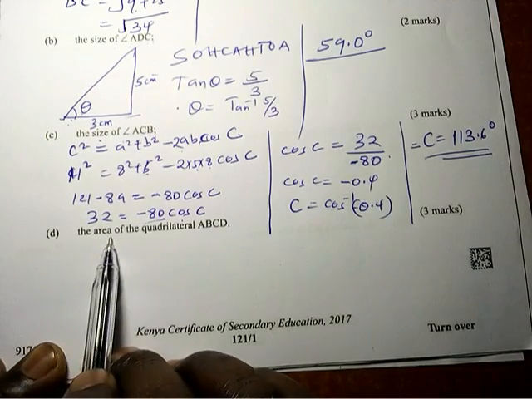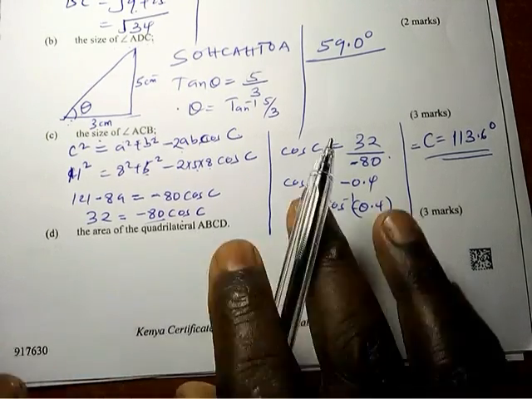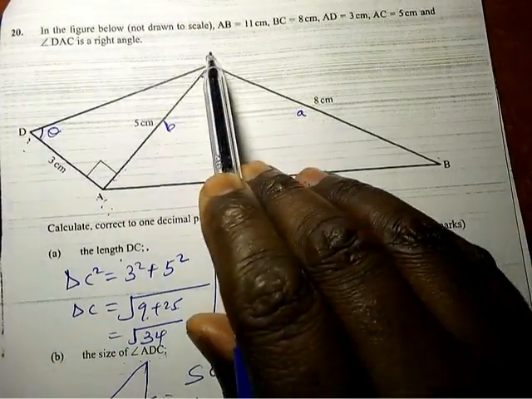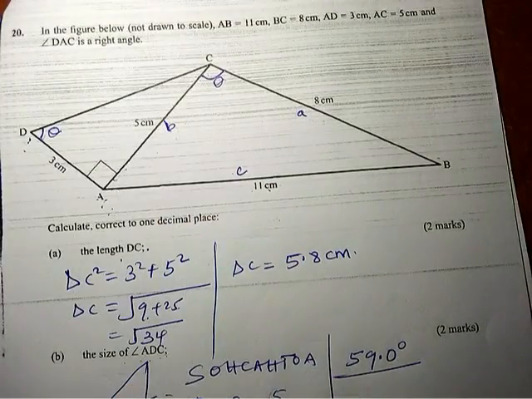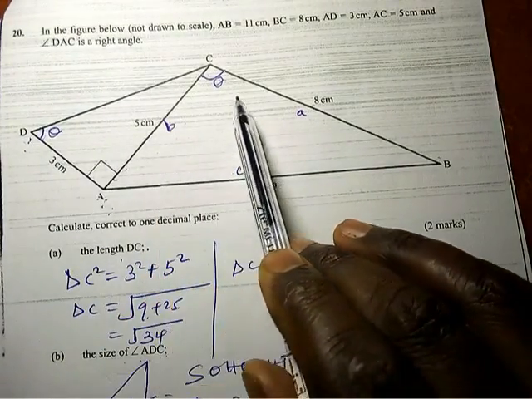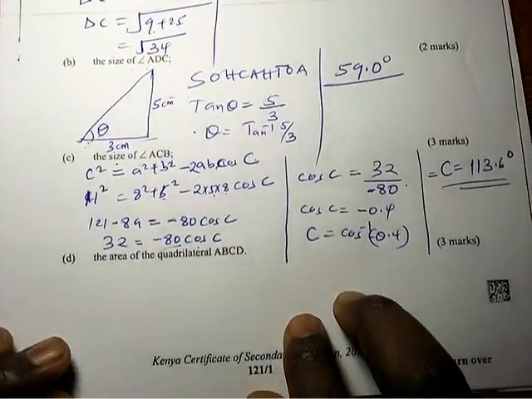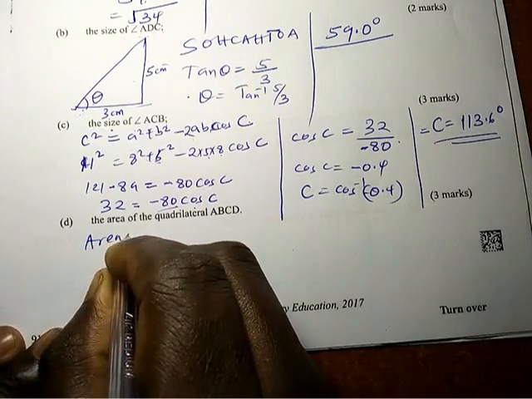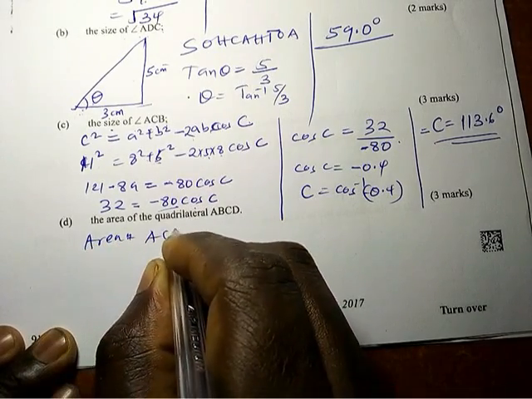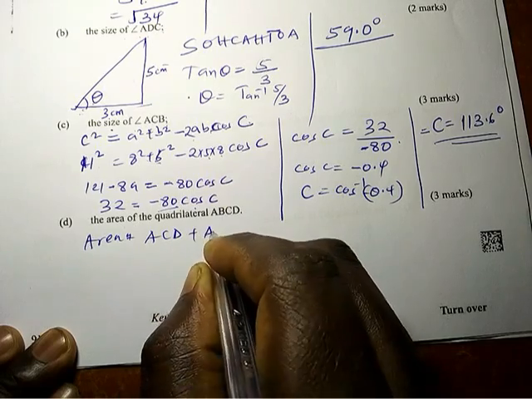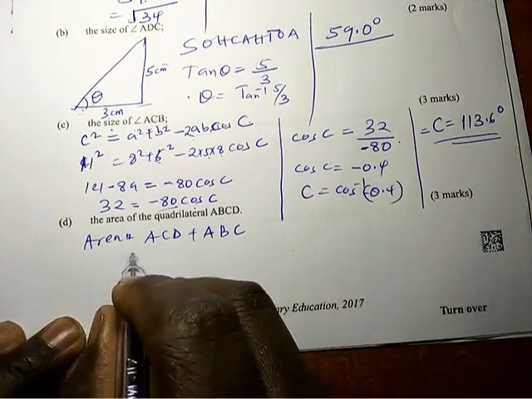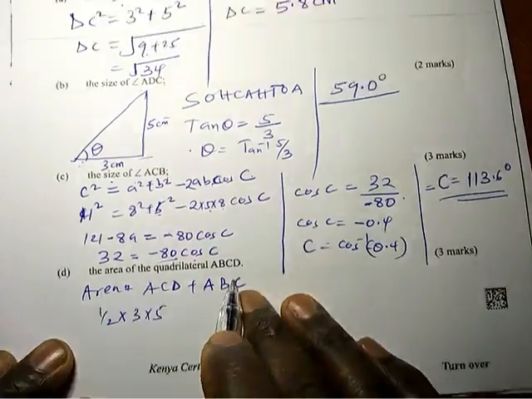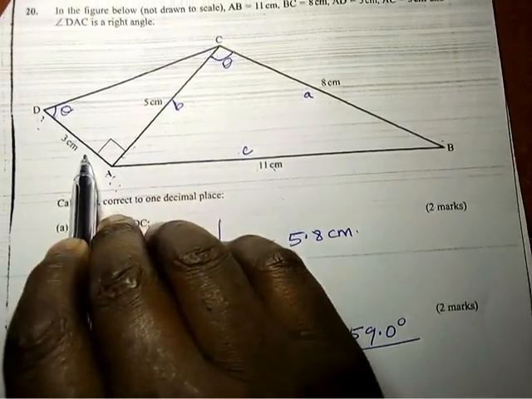Calculate the area of quadrilateral ABCD. So we want to calculate the area of ABCD. We will calculate the area of this plus the area of this, and that is all. So area of ACD plus area of ABC. That is a half times 3 times 5, that is the area of this, a half times base times height.